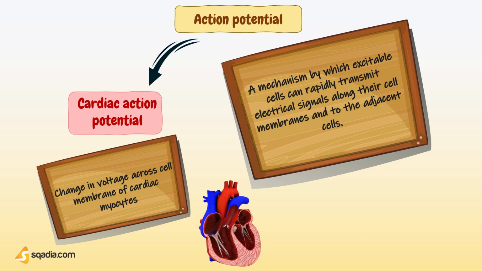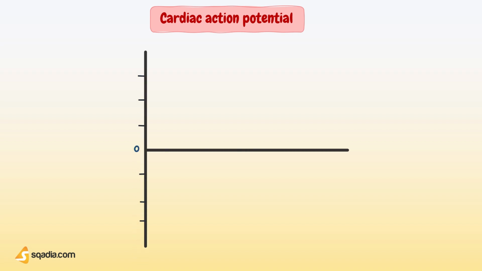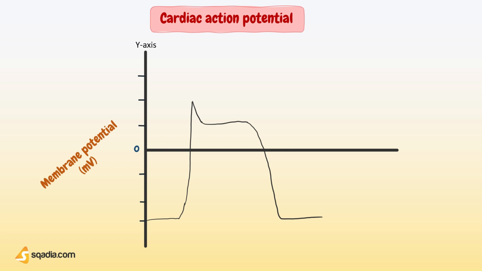Now let's try to understand cardiac action potential via this graph, showing different phases of action potential in cardiac myocytes. Here, we take the membrane potential of a cardiac myocyte on the y-axis. The upside of the baseline shows positive membrane potential, expressed in millivolts, and downward shows negative membrane potential, and time to conduct this action potential is on the x-axis.